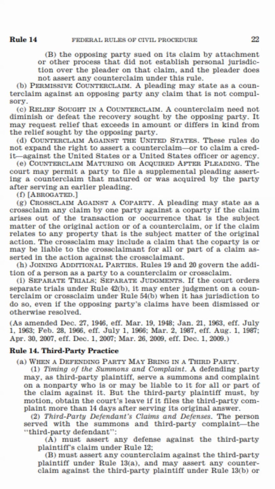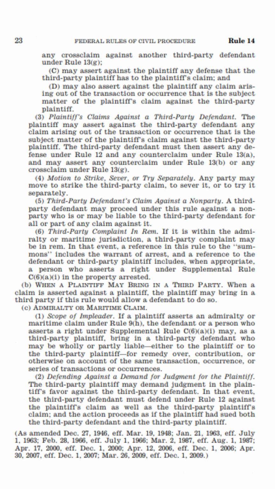2. Third-party defendant's claims and defenses. The person served with a summons and third-party complaint, the third-party defendant, A. must assert any defense against the third-party plaintiff's claim under Rule 12. B. must assert any counterclaim against the third-party plaintiff under Rule 13(a), and may assert any counterclaim against the third-party plaintiff under Rule 13(b) or any cross-claim against another third-party defendant under Rule 13(g).